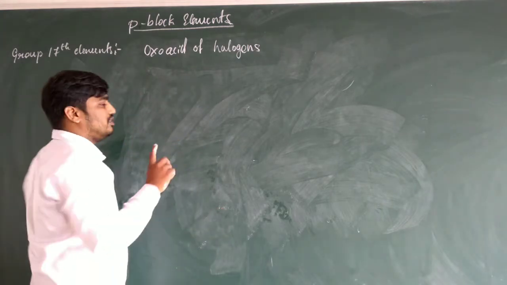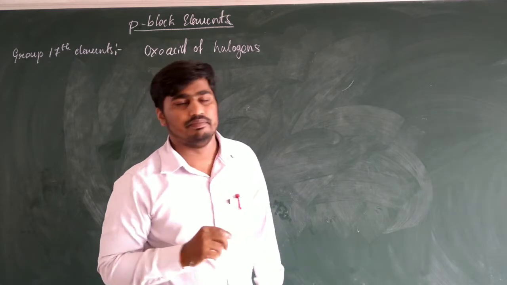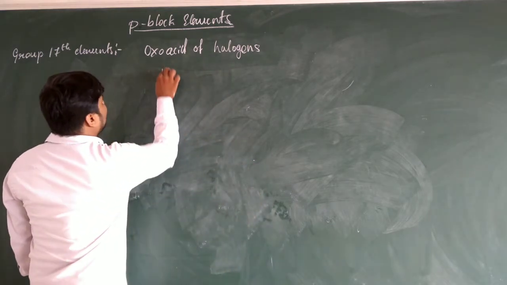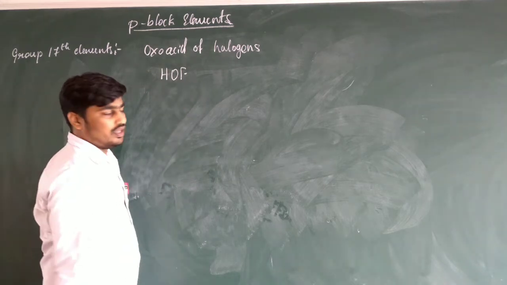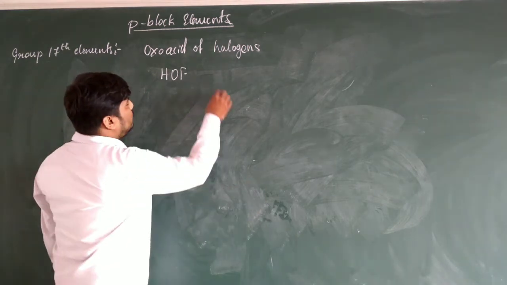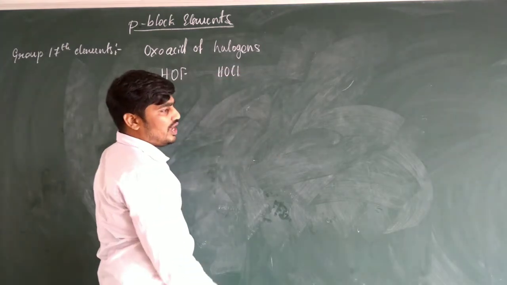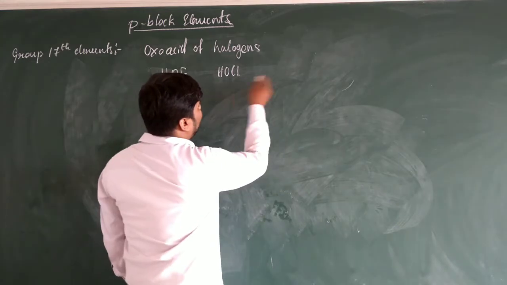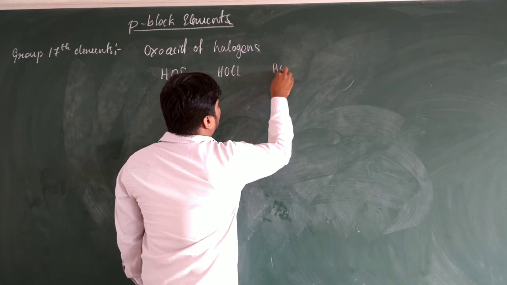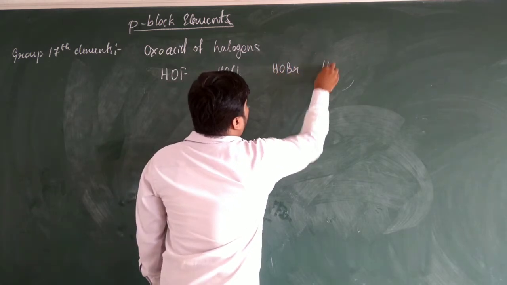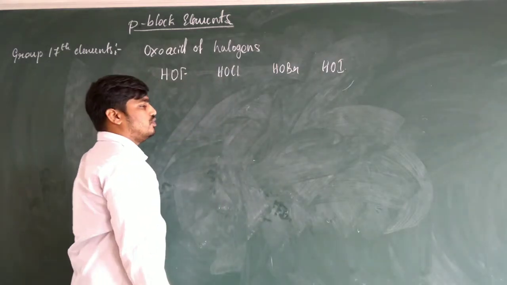That part we discussed in the anomalous behavior of fluorine. Fluorine shows only one type of oxoacid, HOF. Next, HOCl, hypochlorite, next HOBr, HOI. These are the oxoacids.